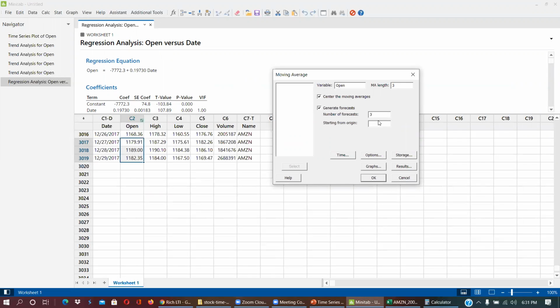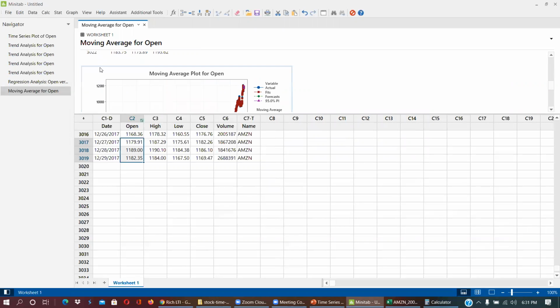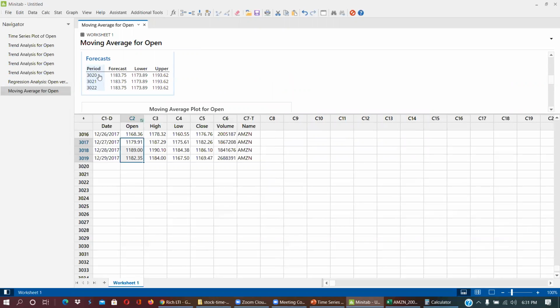I'm not putting a starting origin. We get the length 3, MAPE, MAD, MSD, all these things. The 320th value would be 1183, and 321 and 322 are all the same, because the forecast is based on the average.